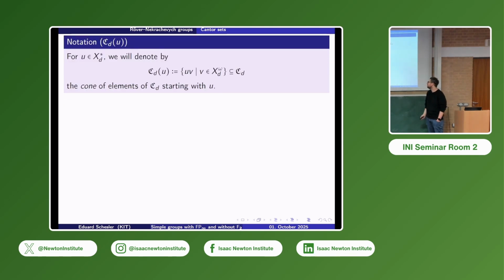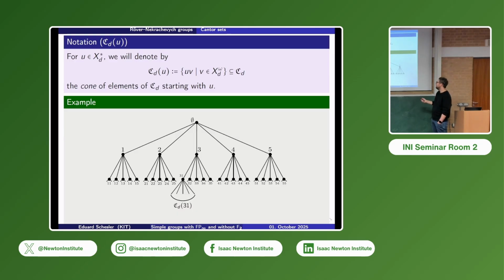This is what we call a cone. So if we have some vertex u, we consider all infinite sequences that start with u. Here we have 3, 1 as our vertex, and every infinite sequence that starts with this is in C_D u, in this case C_D 3, 1.